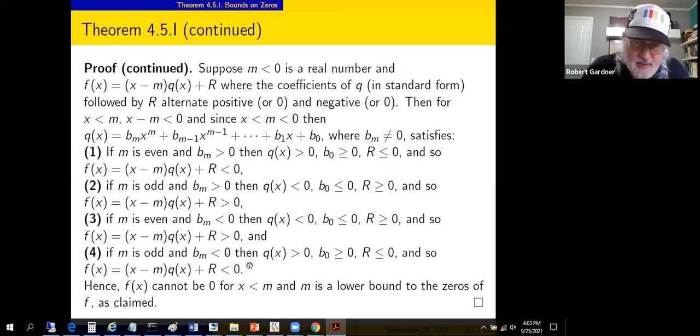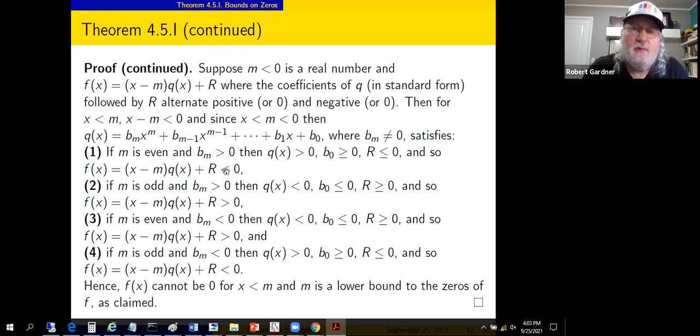The argument is the same throughout in terms of determining the sign of q of x and the sign of r sub 0. And you know the sign of x minus m throughout this argument: x minus m is negative. So it's a matter of negative times negative plus positive, or negative times positive plus negative, that determines these signs.